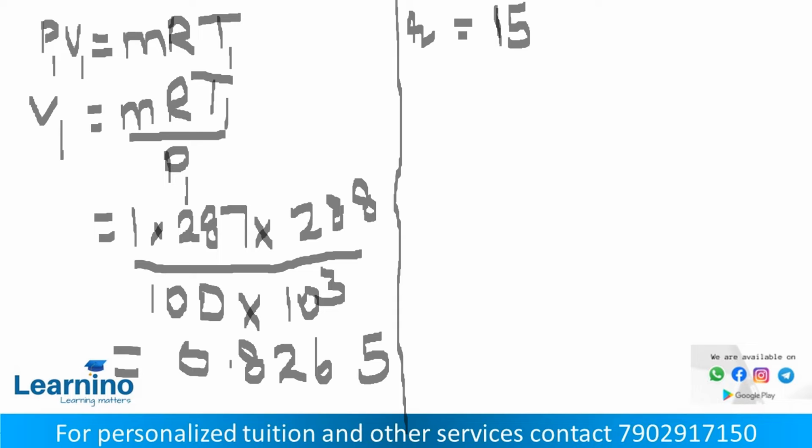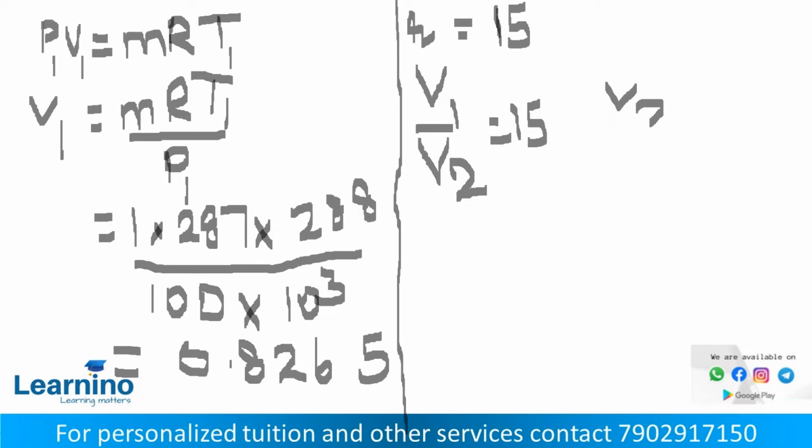So V1 by V2 is equal to 15. So V2 is equal to V1 by 15.